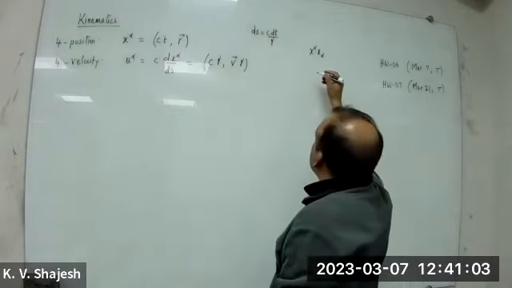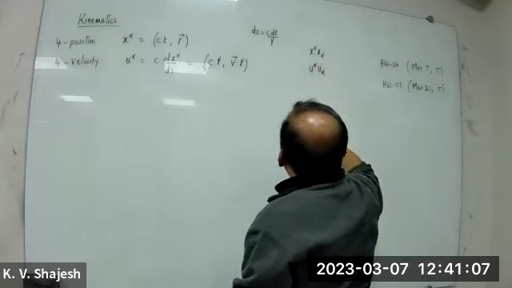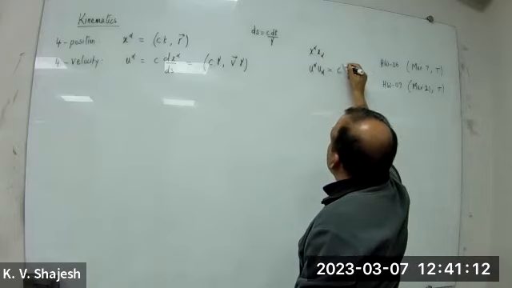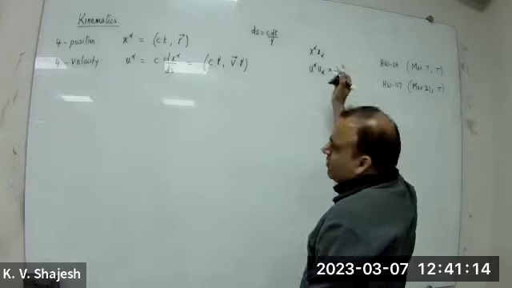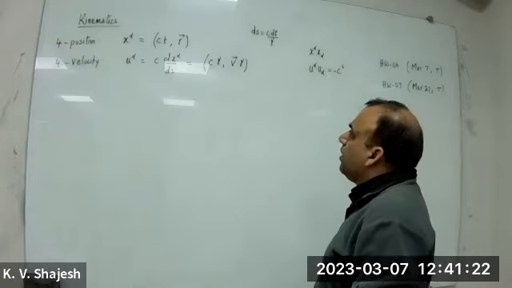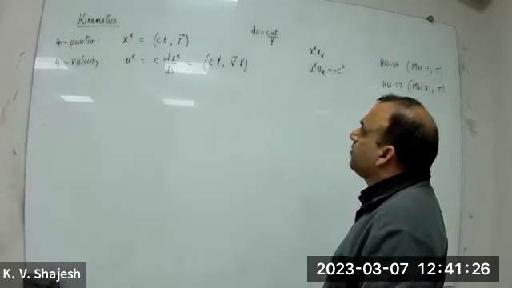Same thing with U alpha. That remains invariant. In fact, this comes out to be equal to minus c squared. So that's the convenience of these four-vectors.